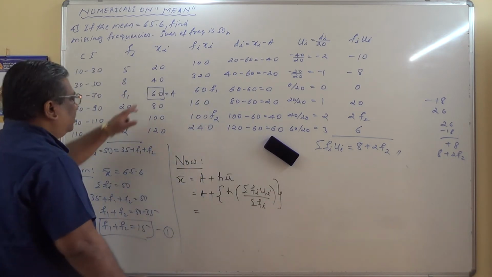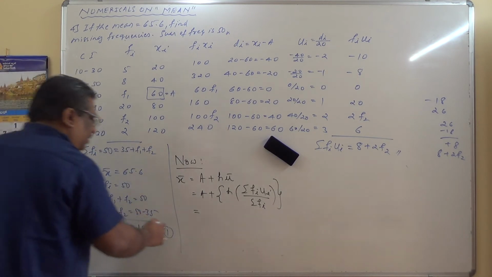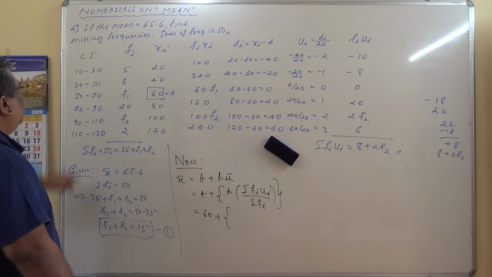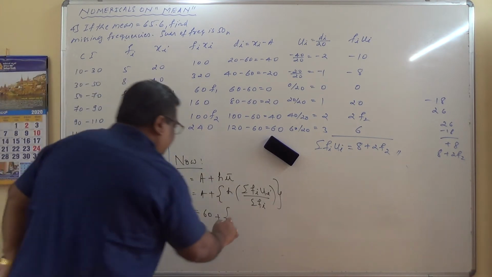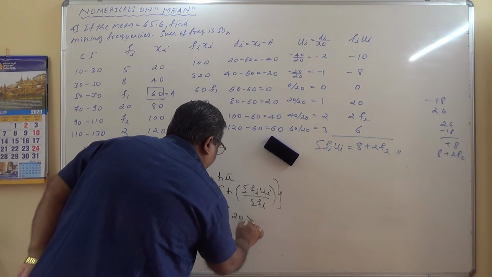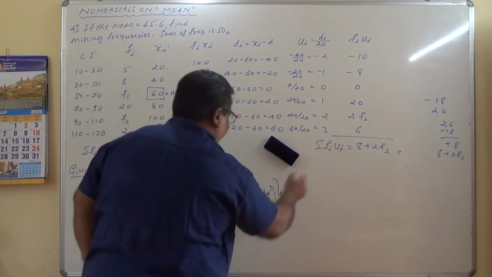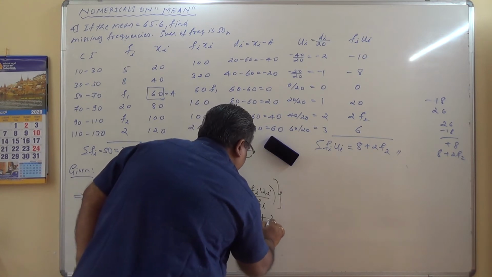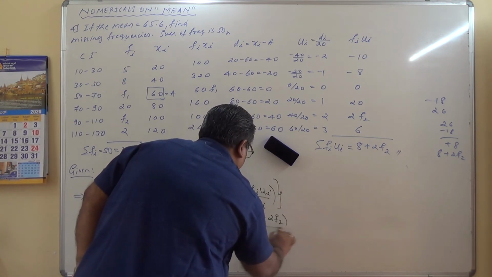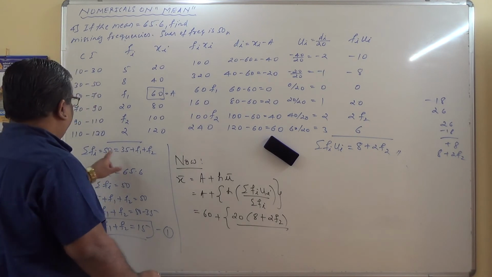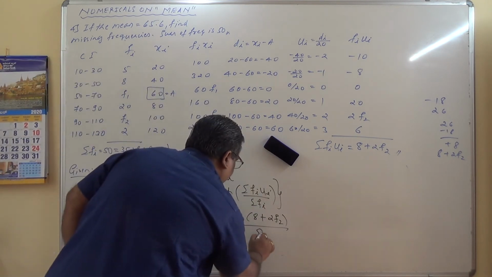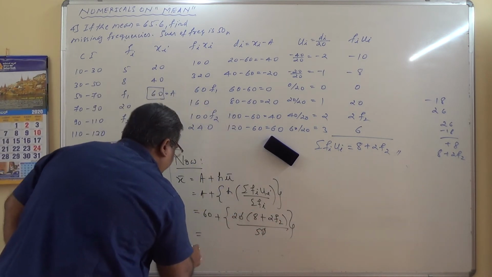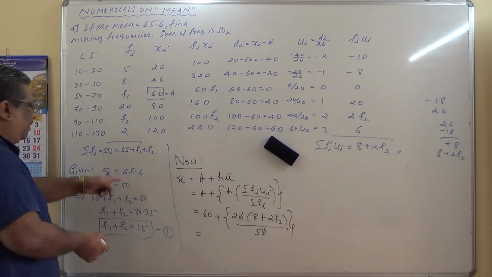A is how much? A is 60, plus into bracket h, class width, which is 20, into sigma fi ui, 8 plus 2 f2, the whole divided by sigma fi, which is 50 here. 10, 10 cancels. X bar is how much? That value will populate 65.6.